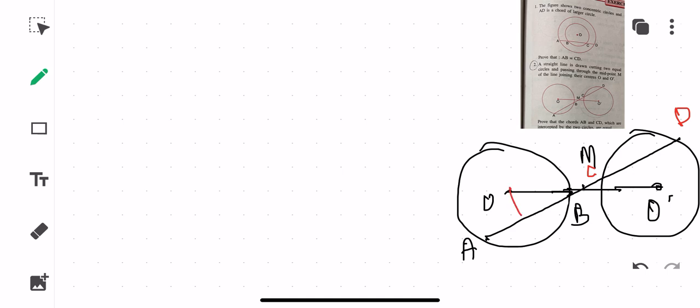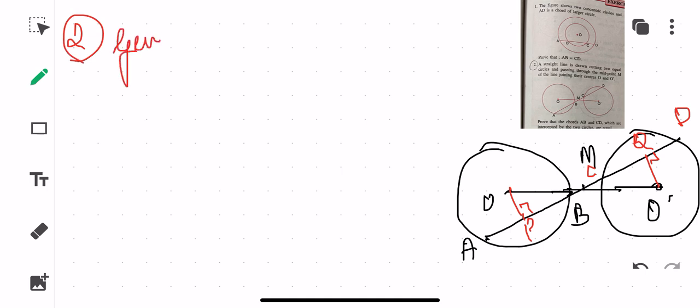For doing the proof sums, you need to write down first the given, the to prove, and the constructions if you have done any, and then of course you will start the proof. So this you will be taking as P, this you will be taking as Q. This is our question number 2.